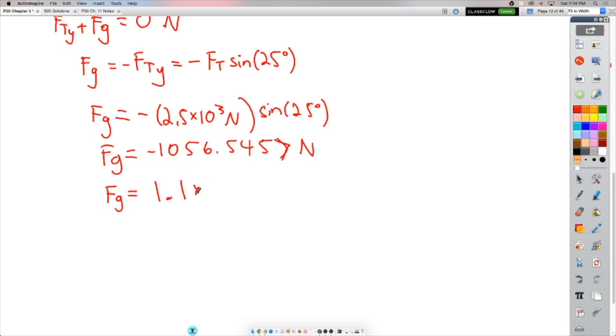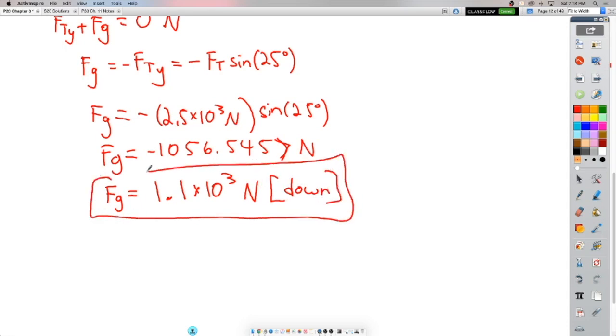So 1.1 times 10 to the third, two sig digs because that's what I was given, newtons, and we'll say down for now. In chapter 4, we'll rethink that idea of down. Perfect, we found the max weight that chain could support.